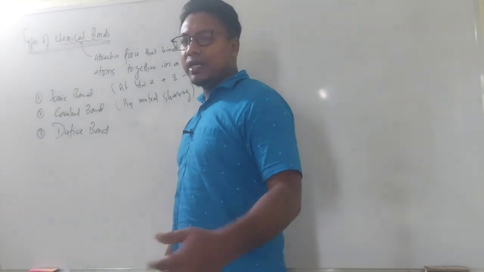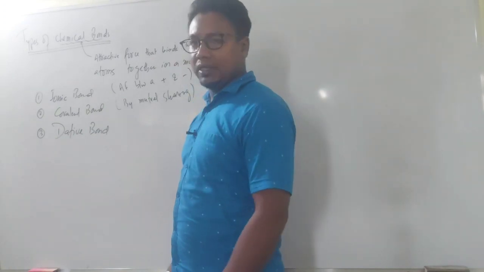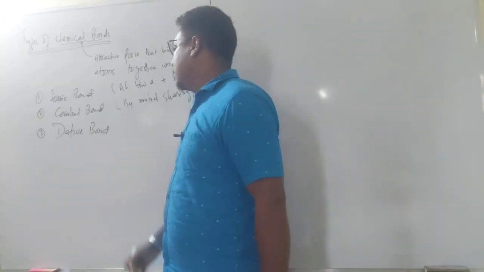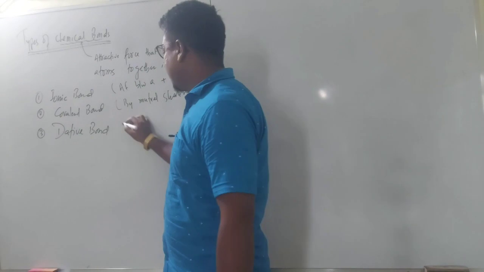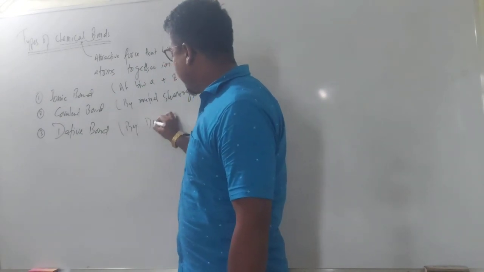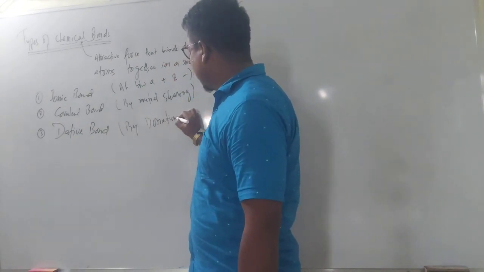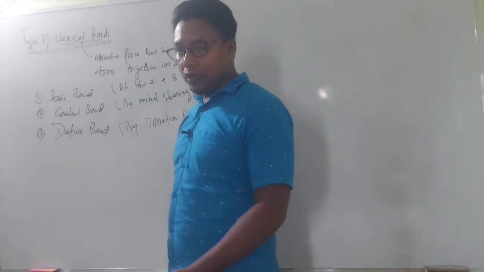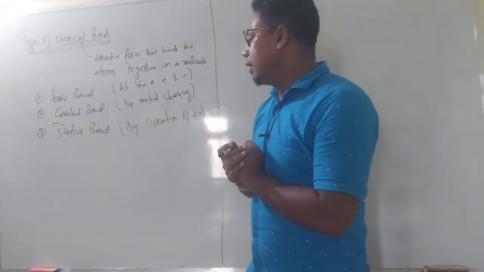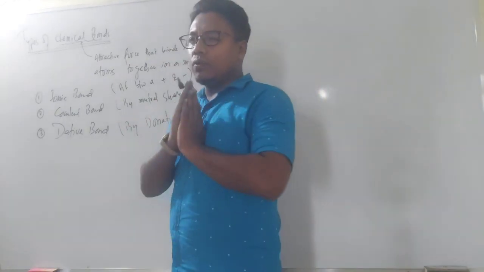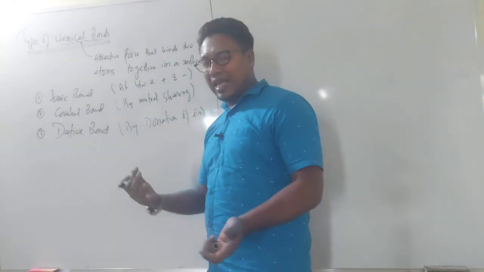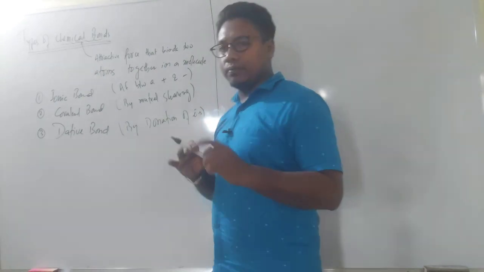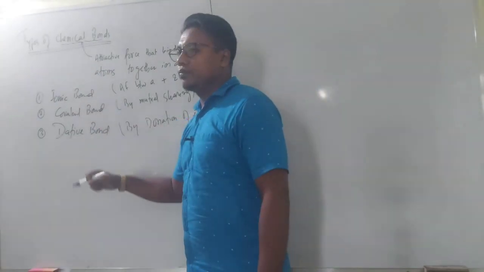It is not necessarily non-metals, metals can also make covalent bond. Okay, dative bond is by donation of electrons between a donor and an acceptor. Okay, so let me give one example each of these bonds, and then let me solve some questions related to this topic.